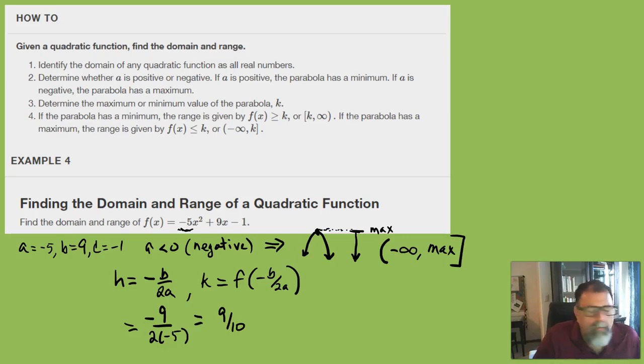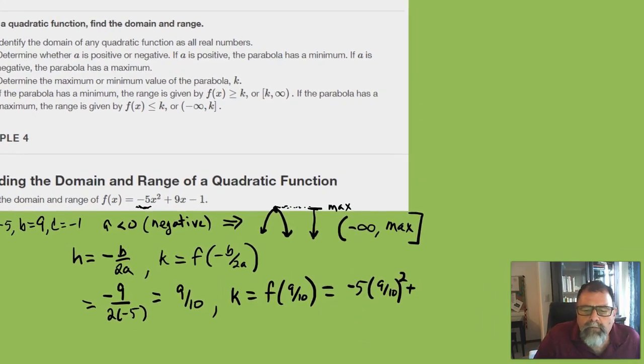Okay, now we're going to figure out k, which is f of 9/10, and then we just plug it into that formula. And again, if you have a calculator that does fractions, that makes it a lot easier. If you don't, you just got to go with it.